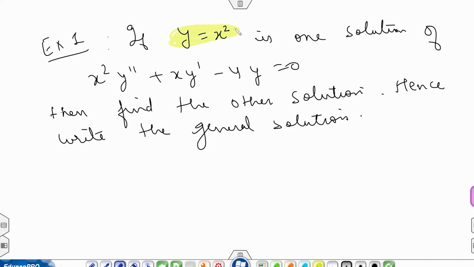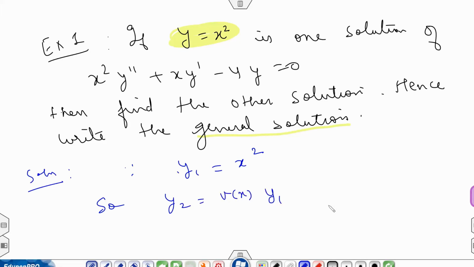Your aim is to find out another solution and finally write out the general solution. So how will you do this type of problem? It's simple: since you know y1 is x square, I will denote this as y1, and so y2 you have to consider this. This I call equation 1 and this I call equation 2.